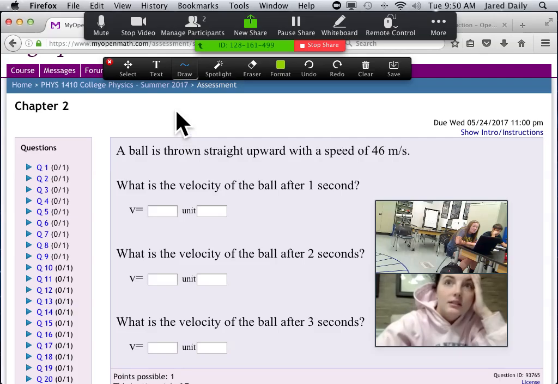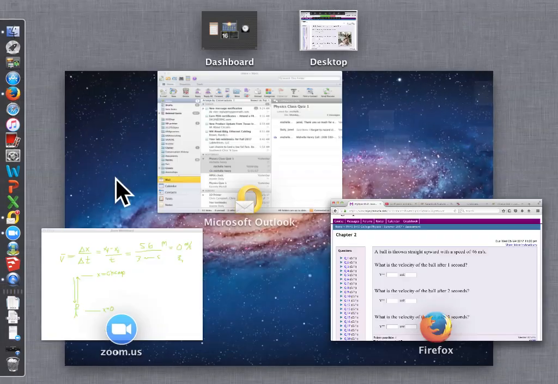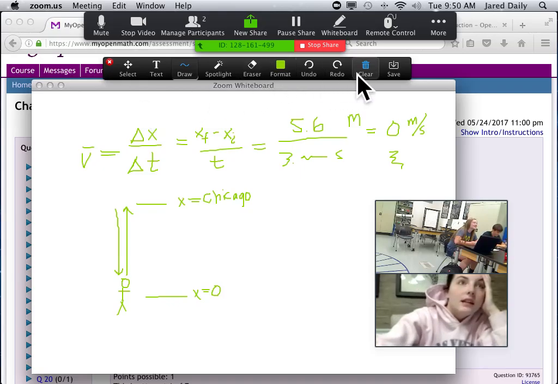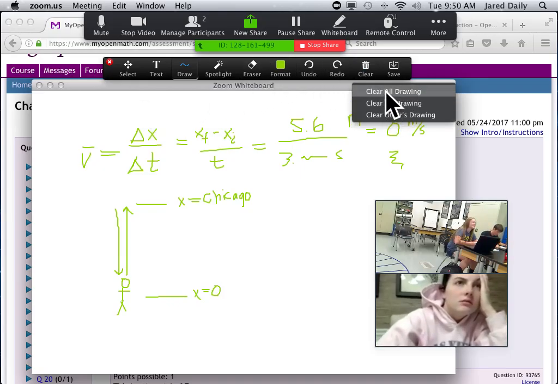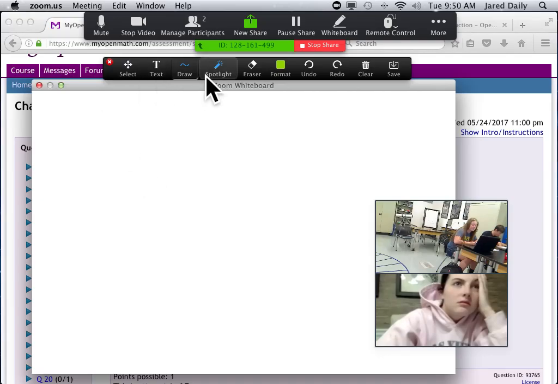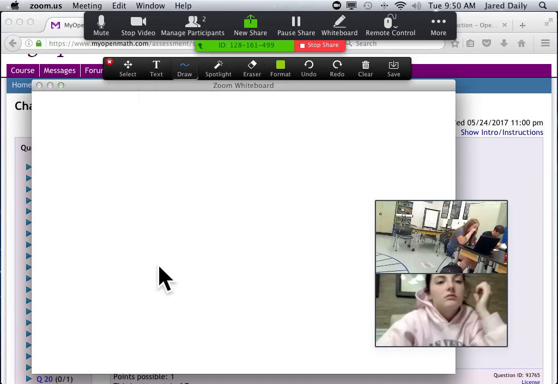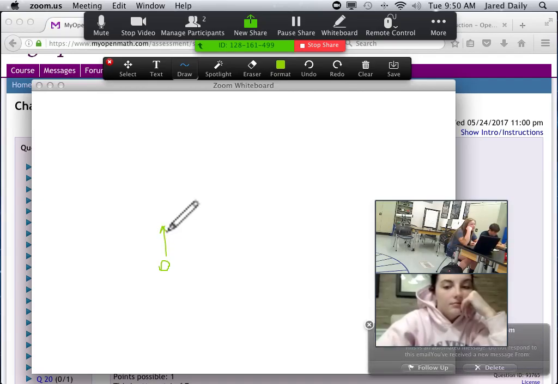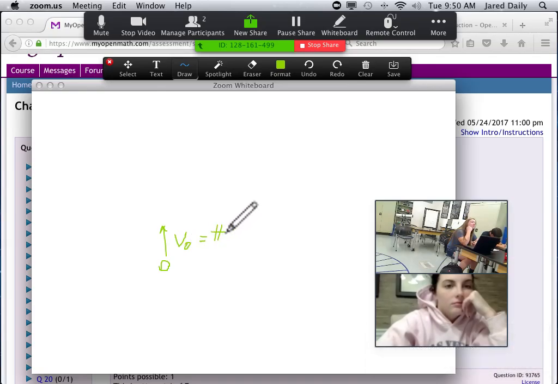So what do we do when we start a problem like this? We draw a picture. So we've got a person throwing a ball upward with some initial velocity, 46 meters per second or something like that, some number, right?